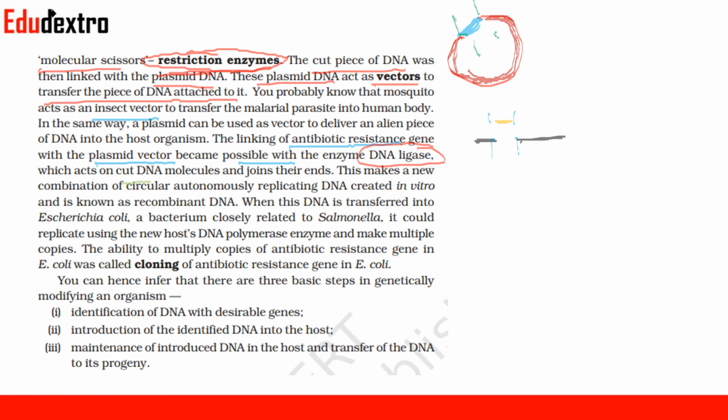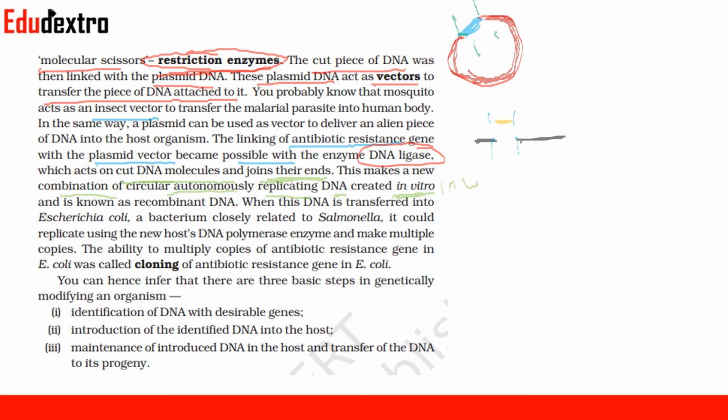So this acts on DNA molecules and joins their ends. This makes a new combination of circular autonomously replicating DNA, right? Plasmid, right? Circular autonomously replicating DNA created in vitro. In vitro means in the lab, right?